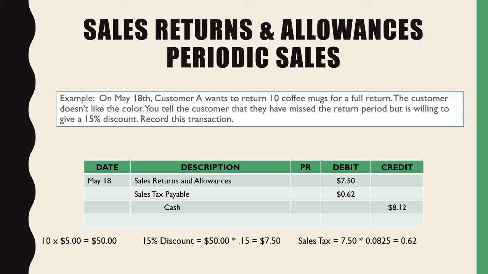Okay, so 8.25% of 750 is going to be 62 cents. So therefore, you're going to be giving customer A back $8.12.